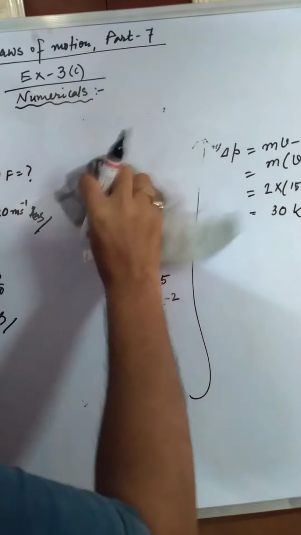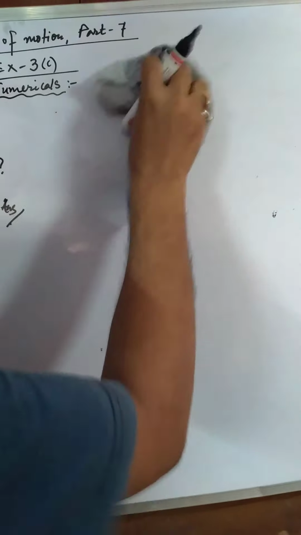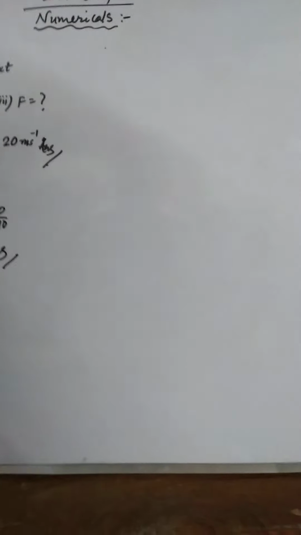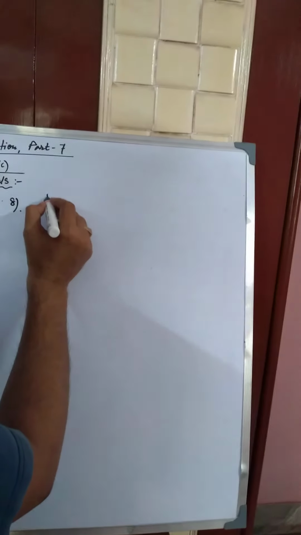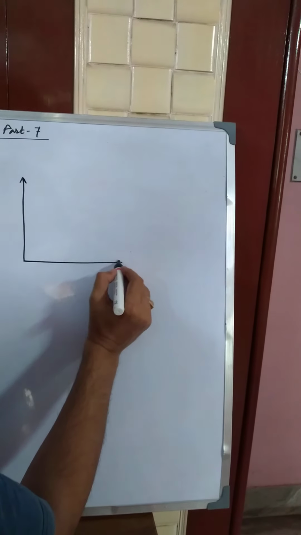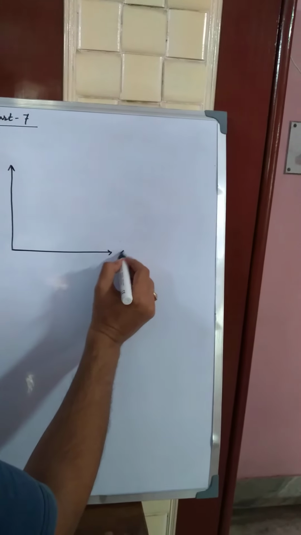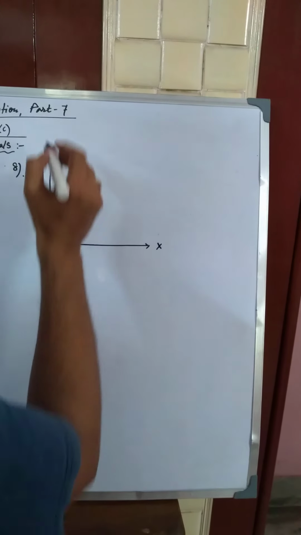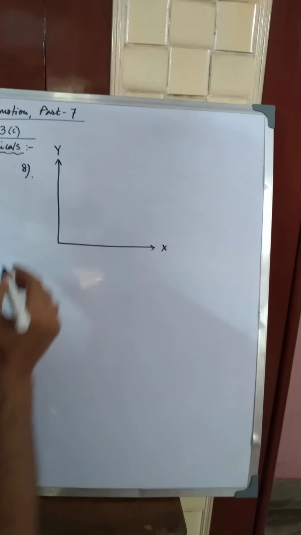Now, let us discuss the next problem. This question number 6, question number 7, these are very important, and this kind of sum also carries 3 marks. Now, question number 8, the graph. It is a graph shown. This is the 2 axes. Here it is the x-axis, and here it is the y-axis.